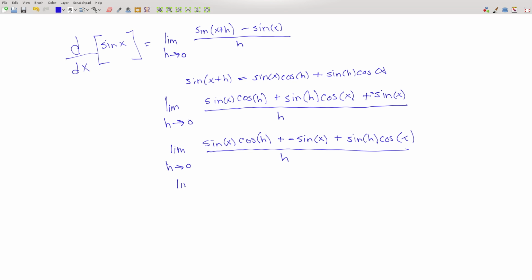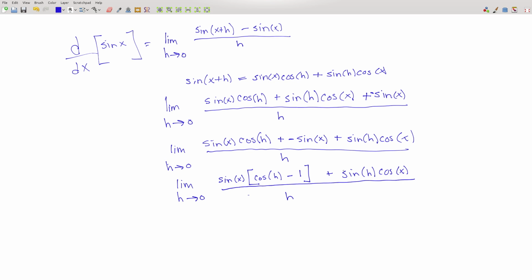So we have the limit as h goes to 0 of the sine of x, which I'm factoring out, and on the inside we have the cosine of h minus 1, plus the sine of h times the cosine of x, and this is all over h.